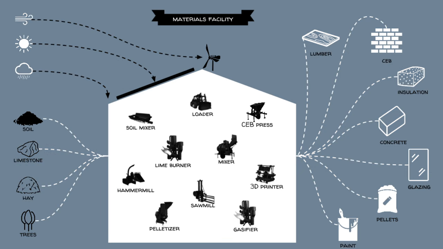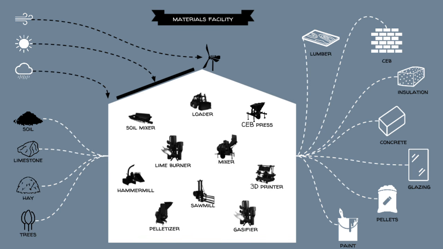We like to integrate things, and a big part of that is machines and open materials that you can produce yourself. In the Global Village Construction Set, and this is the materials facility, the hangar will have some of this, you've got sawmills, 3D printers, lime burners, CEB presses, and some machines like loaders, mixers, hammer mills, pelletizers, and gasifiers that make all this happen.